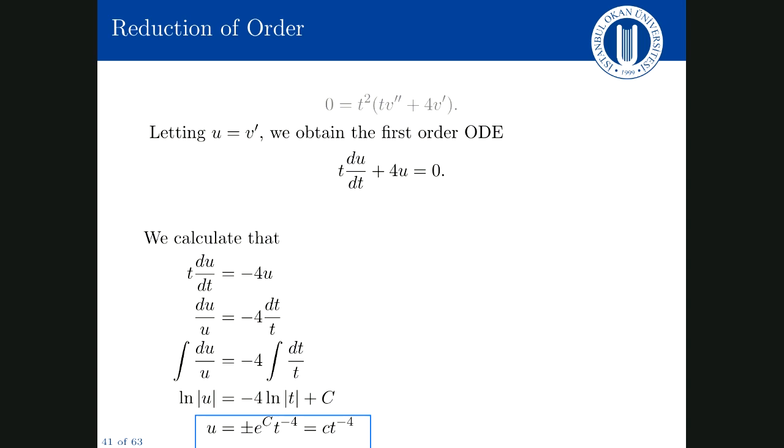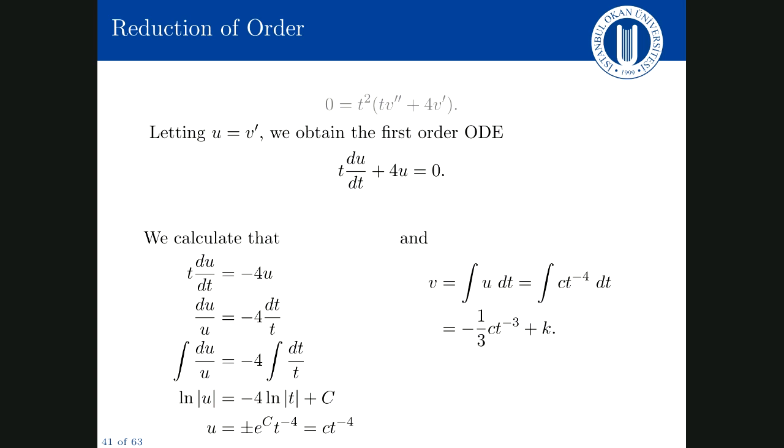After I know u, I can integrate to find v. We can find that v must be the integral of u, which is minus 1/3 c t to the power minus 3, plus k.